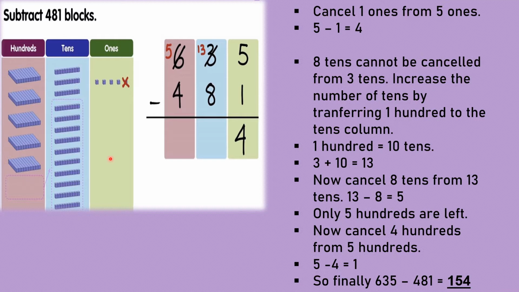So 10 plus the remaining 2 ones, 12 ones, and then you can cancel the 6 ones from it. So whenever there is not enough material in any place, you move to the left side, you transfer 10 or 100 or 1000 to the right side, and you make the material enough for the cancellation purpose.